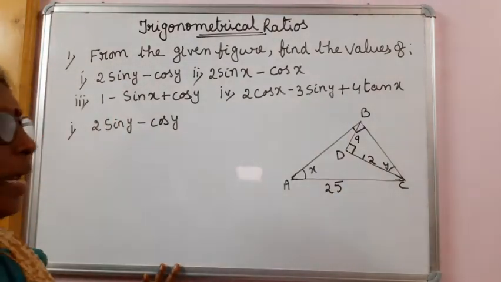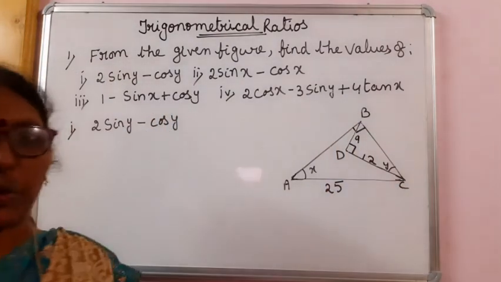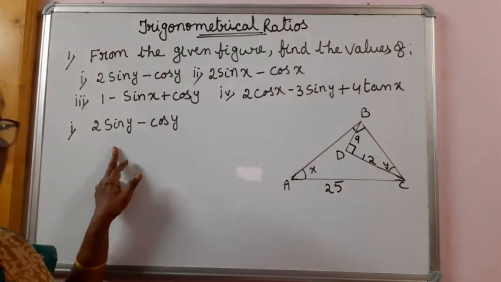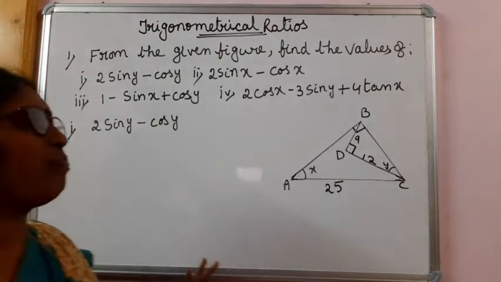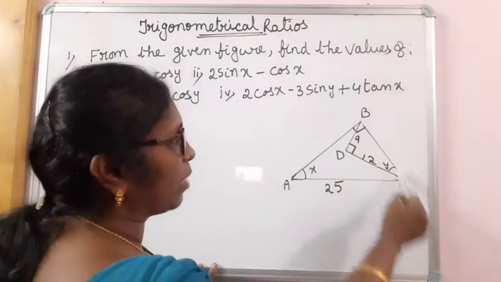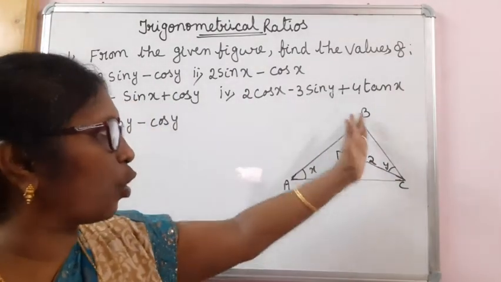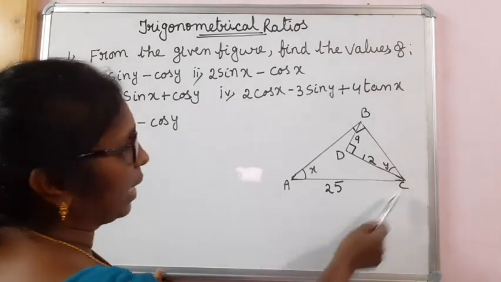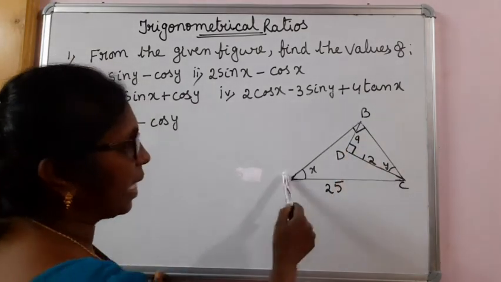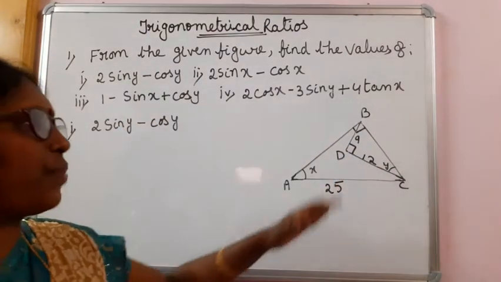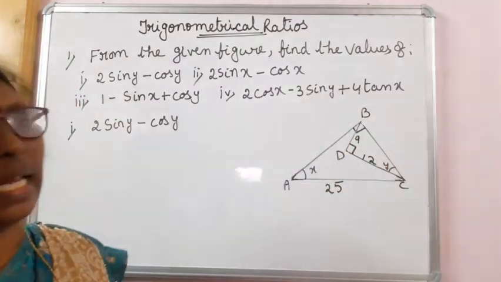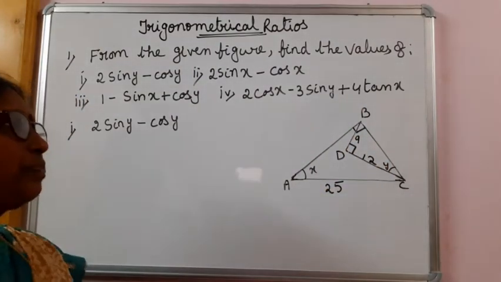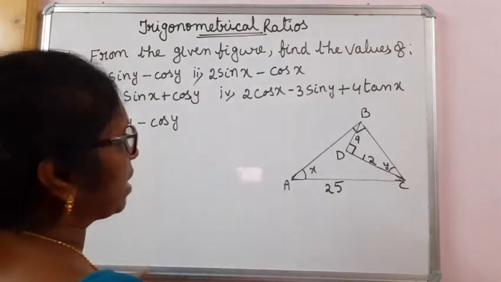CD is base. BC is the hypotenuse. And we know that sine of an angle is perpendicular, opposite side, by hypotenuse, where we don't know the hypotenuse BC. So first of all, we don't know in this figure the BC and AB values. First of all, let us find out BC and AB. Okay? So let us have BC first.